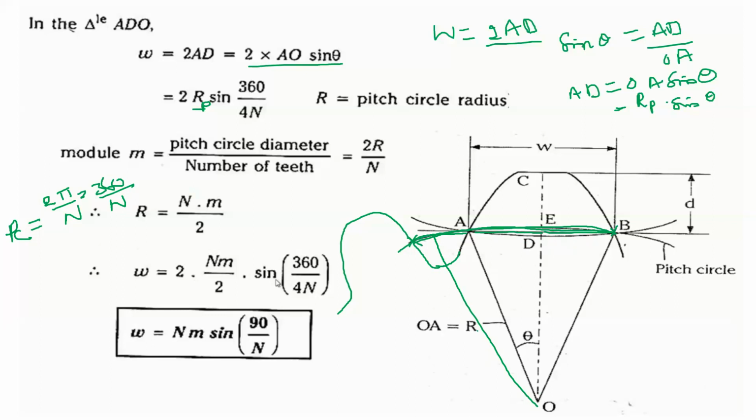If you divide into 4 equal parts, this is 1, 2, 3, and 4, so that is equal to 360 by n. So this portion is 1/4 of the circular pitch. You divide this by 4, so this theta becomes 360 by 4n.